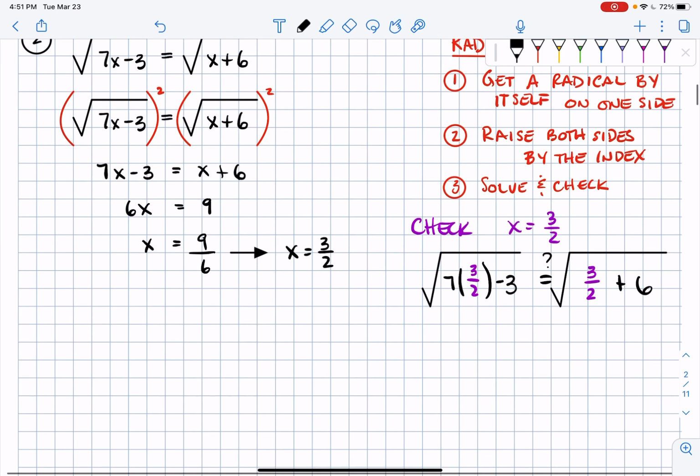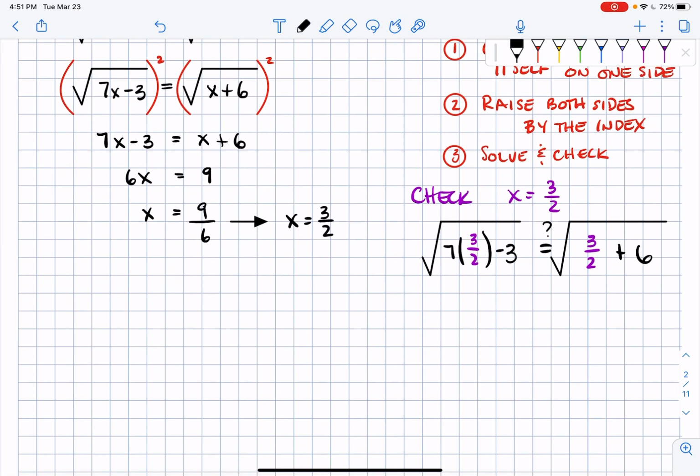You're welcome to plug this into your calculator, and what you're going to get is that the square root of 15/2 is equal to the square root of 15/2.